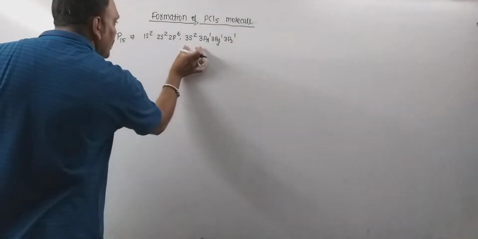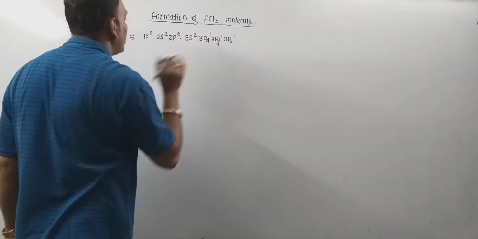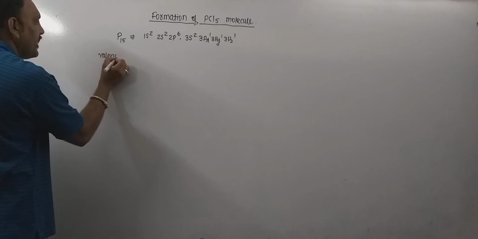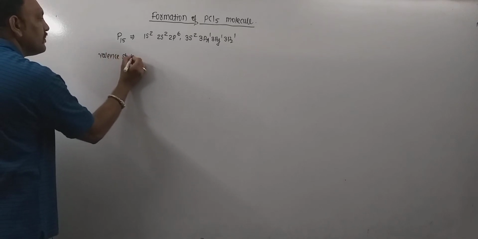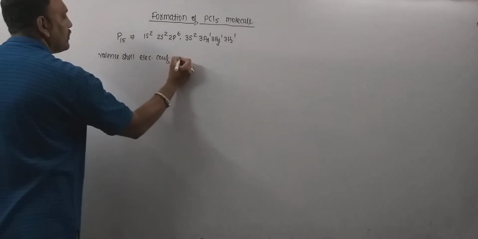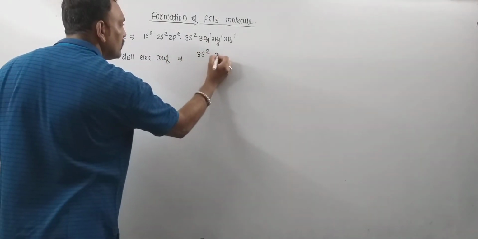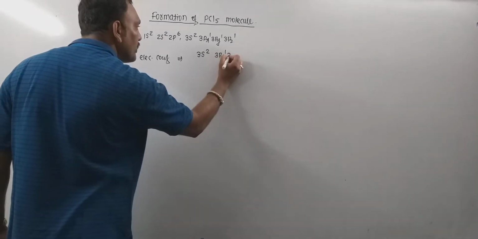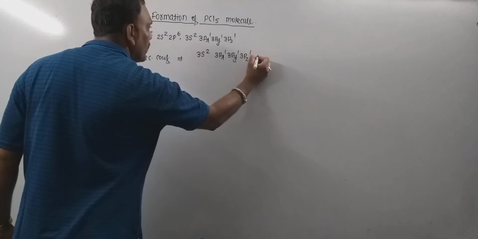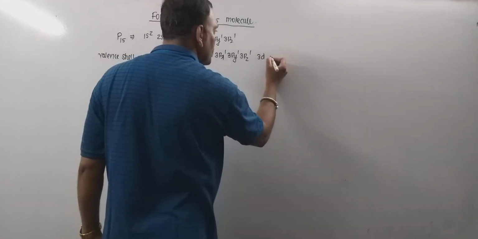Now the valence shell electronic configuration of phosphorus is 3s2, 3p3, that is 3px1, 3py1 and 3pz1. Right here the 3d orbitals are vacant.